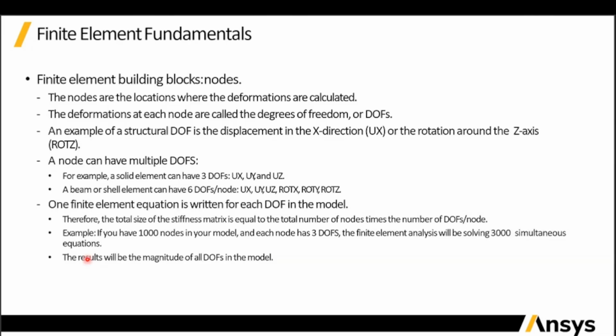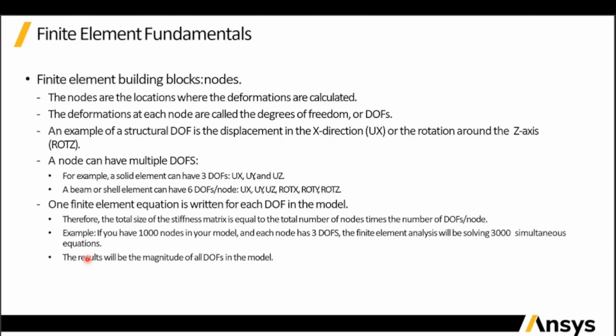Now let us talk about the importance of the nodes. Nodes are the locations where the deformations are being calculated. The deformations at each node are called the degrees of freedom. So you know about the degrees of freedom, right?